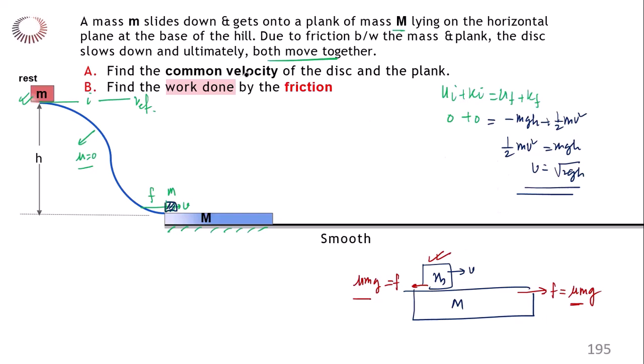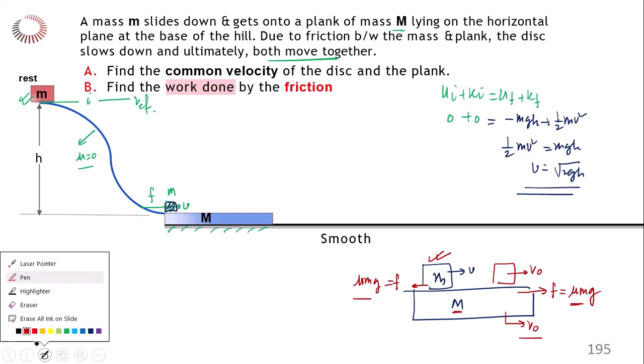And you are asked to calculate the common velocity. So let us say after time t, the small m is moving with the velocity v naught, and at the same time, the capital M is also moving with the same velocity v naught. Why? Because the capital M will accelerate and small m will retard.